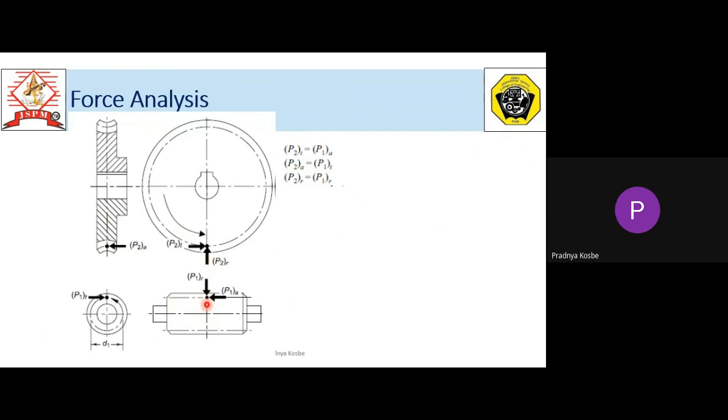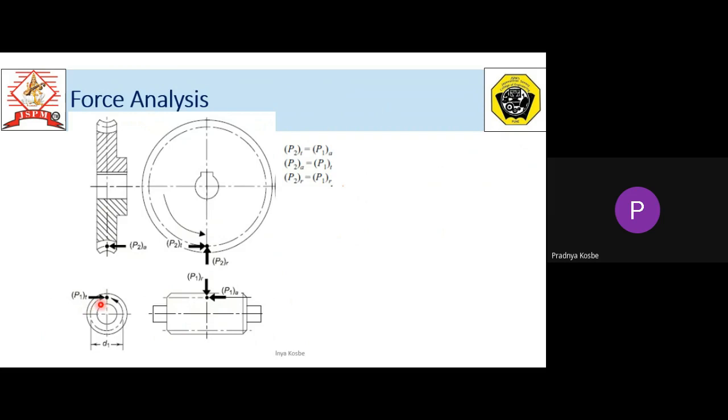P1R is the radial force acting on the worm, P2R is the radial force acting on the worm wheel. P1A is the axial force acting on the worm, and P1T is the tangential component acting on the worm.